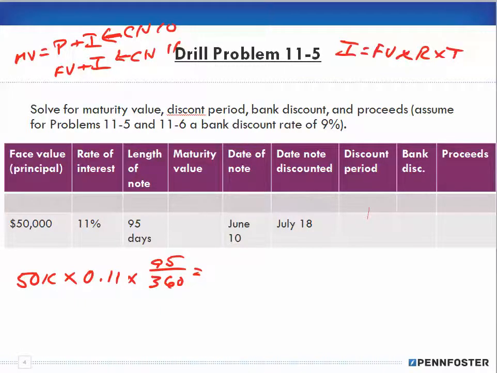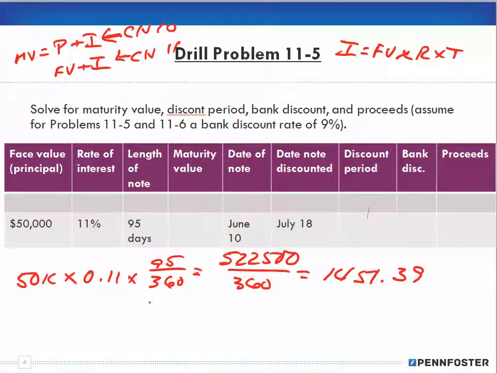So we do the math, 50,000 times decimal 11 times 95, and that gives us 522,500 over 360. And when we divide by 360, we end up with 1,451.39.